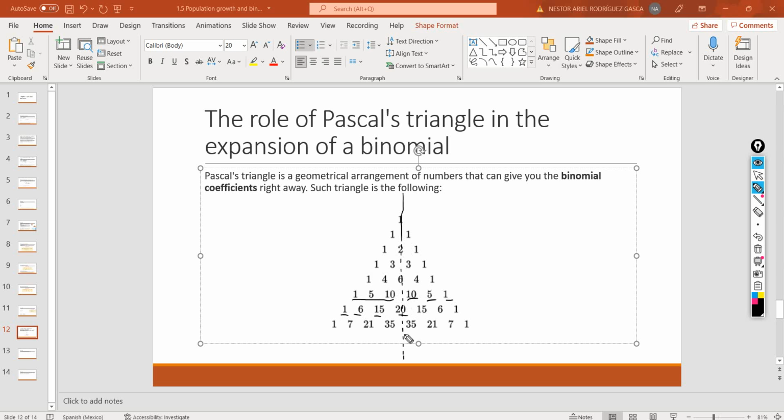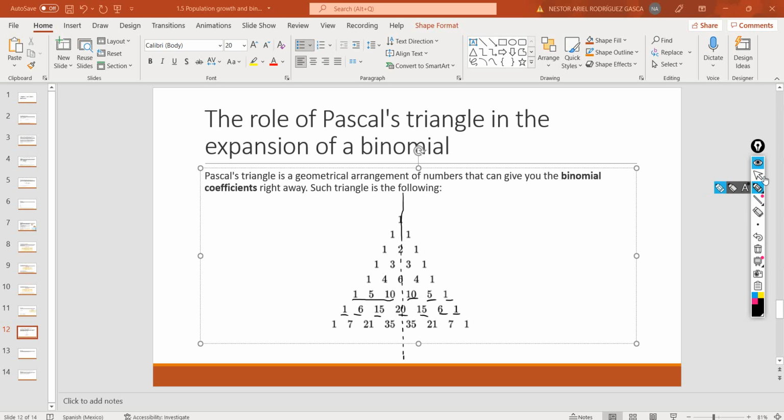You have arrived at the middle of this row, and therefore the next terms should be 15, 6, and 1, and so on. So once you have obtained half of the row in this triangle, you can write the other half just by this principle of reflection, just taking into account that this figure is symmetrical.